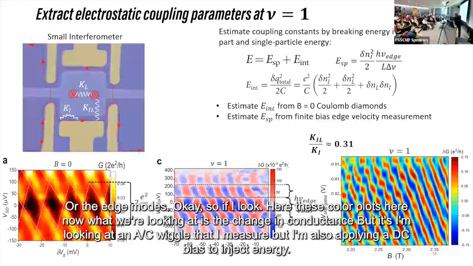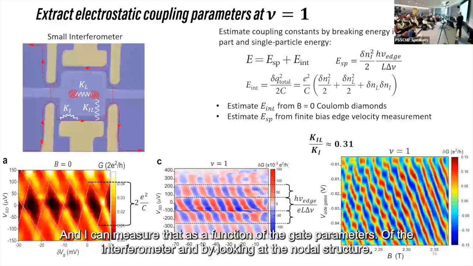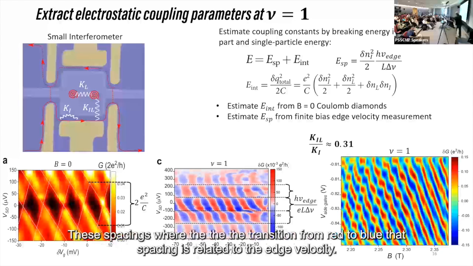Okay, so if I look here, these color plots here, now what we're looking at is the change in conductance, but I'm looking at an AC wiggle that I measure, but I'm also applying a DC bias to inject energy. And I can measure that as a function of the gate parameters of the interferometer. And by looking at the nodal structure, these spacings where there's a transition from red to blue, that spacing is related to the edge velocity, very simply.